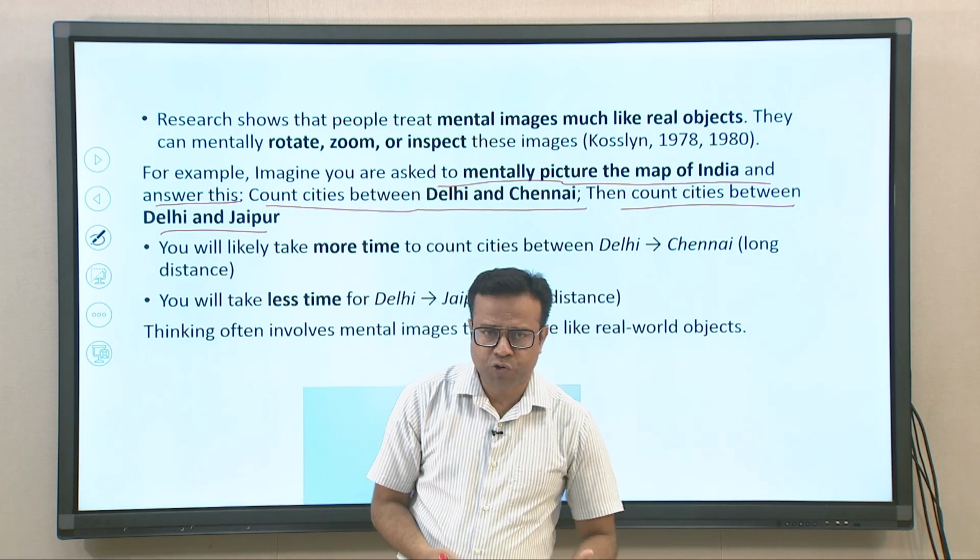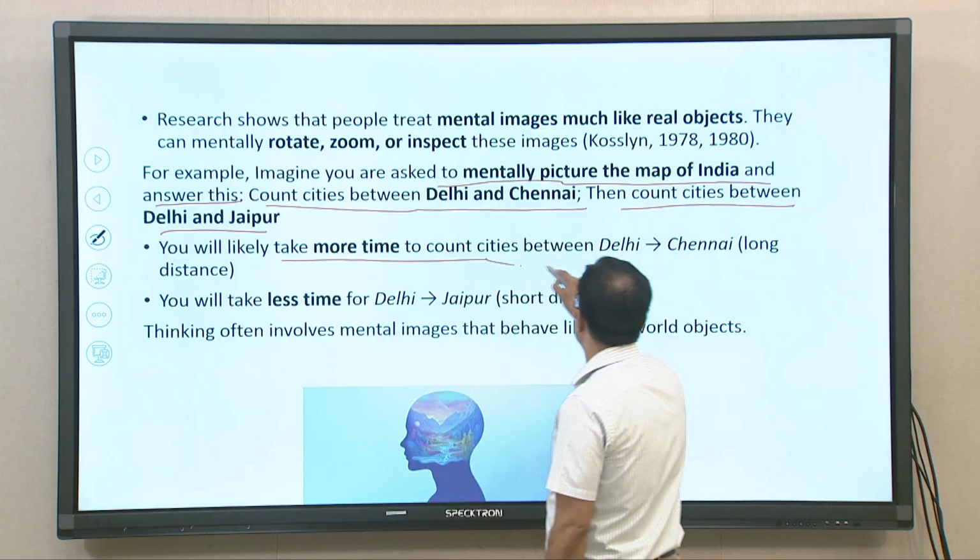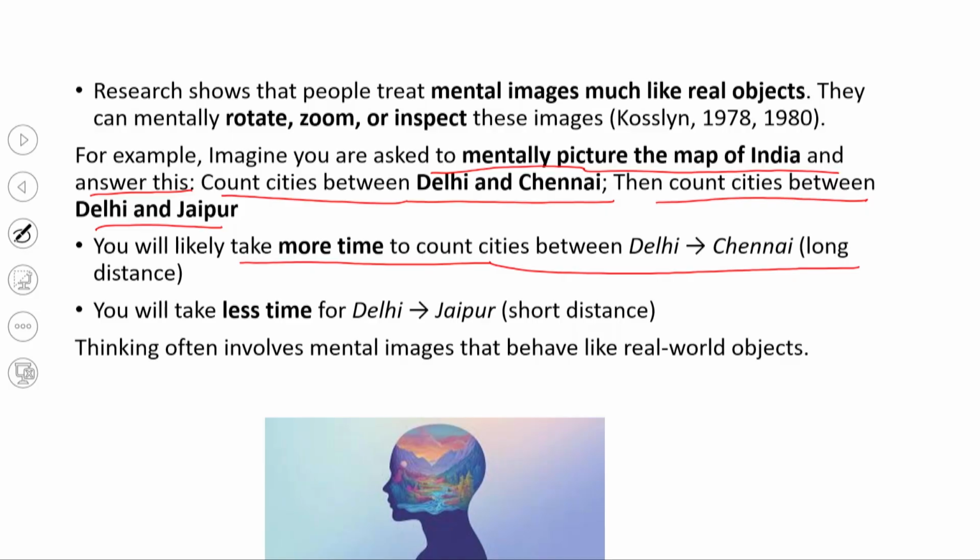Most probably, most people will take more time counting cities between Delhi and Chennai, because the distance between Delhi and Chennai on the map and in the real world is much greater, and the number of cities is also much higher, because it is a very long distance. The distance between Chennai and Delhi is quite long as compared to Delhi and Jaipur.